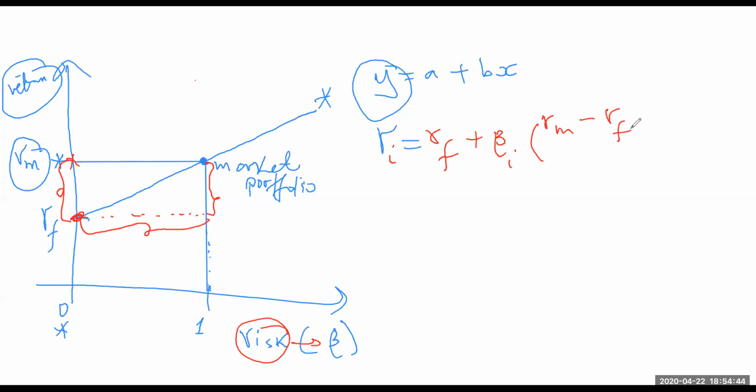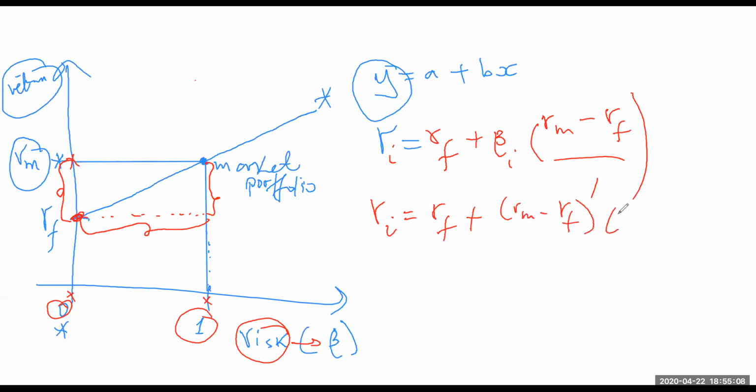We divide by the change in the x-axis, from here to here, which is simply equal to 1, because here is 0 and here you have 1. So simply we divide by 1. Therefore, we can see the return of security i will be the risk-free rate plus Rm minus Rf, multiplied by the beta coefficient of that particular security.